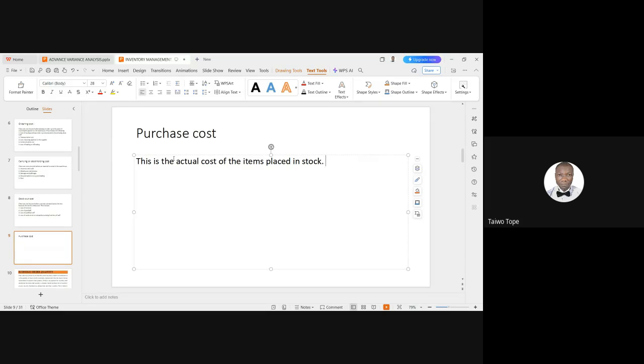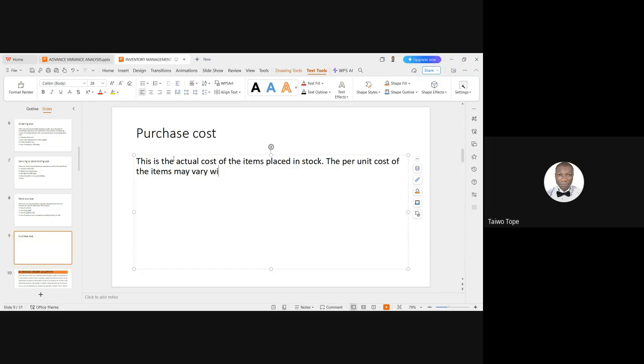Purchase cost is different from the sales cost per unit. So when we talk about this purchase cost, the per unit cost of the items may vary. Why will they vary?